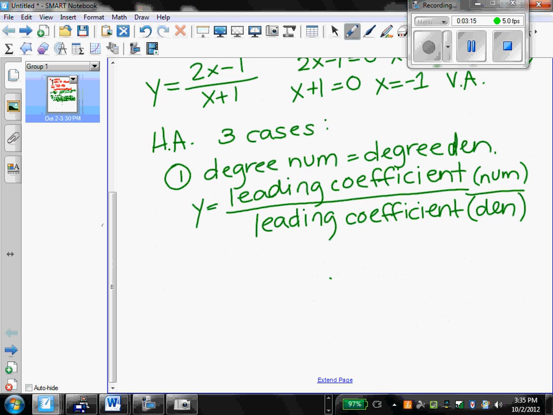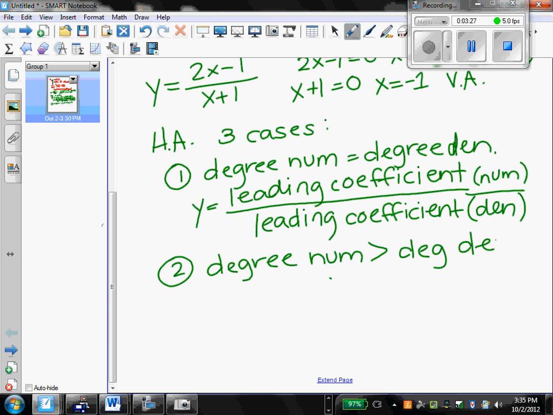The second case is if the degree of the numerator is greater than the degree of the denominator. In that case, we do not have a horizontal asymptote at all. We have some kind of slanted line, depending on what it is when it divides out.